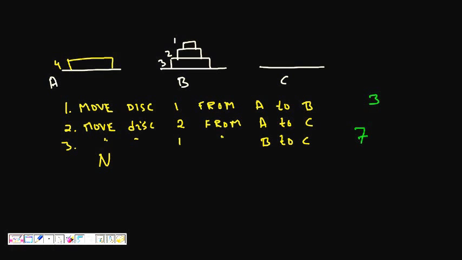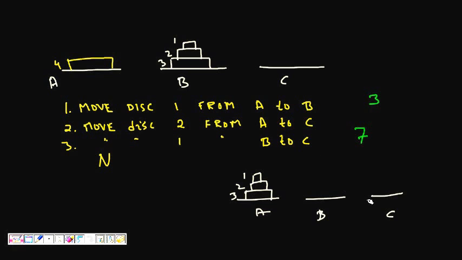Now, what it says, and this can be done, because we had already said that we solved the problem that there were 3 pegs A, B and C, and I had 3 disks and moved them from A to C using intermediate peg B. So the same thing I can do.